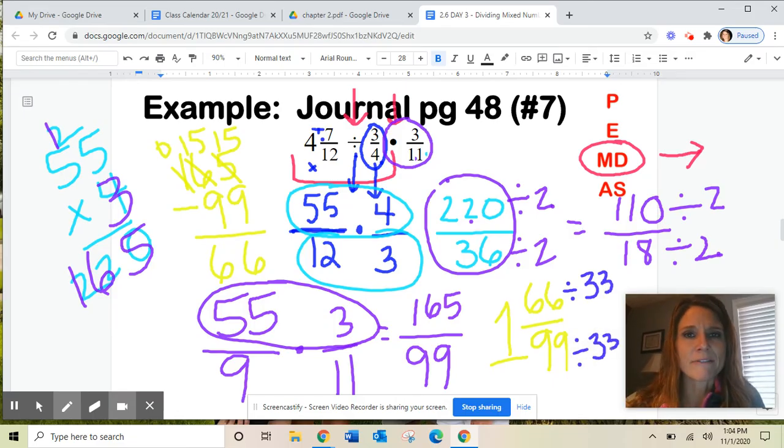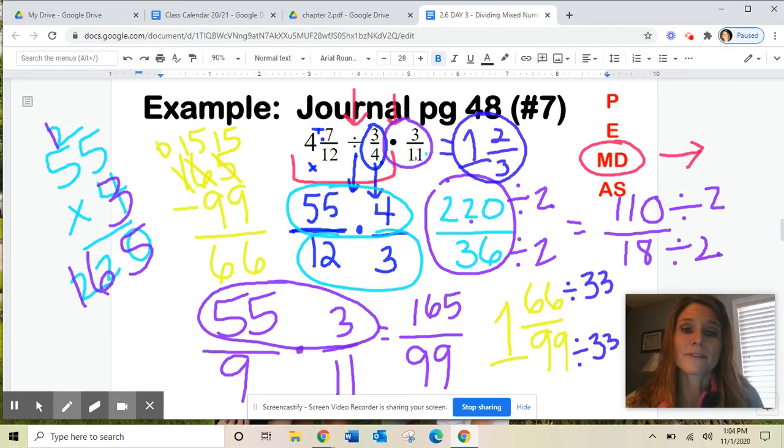So if I just did 11s, I would get a 6 over 9, and that can be simplified by threes. So the answer to this problem is 1 and 66 divided by 33, there's 2 groups. And 99 divided by 33, there's 3 groups. So I really end up with 1 2/3 as my answer.